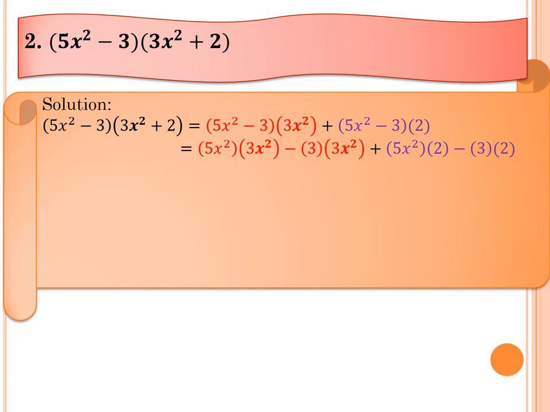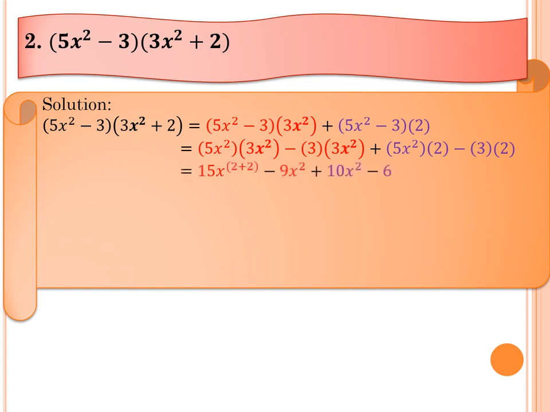For the next term, let's focus on the purple. Distribute again 5x squared to 2. So we'll have that first term in color purple. Then, for the next one, we multiply negative 3 to positive 2.